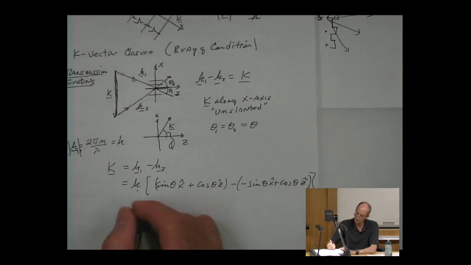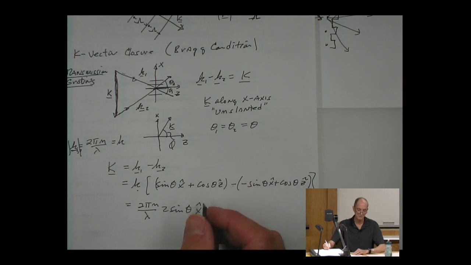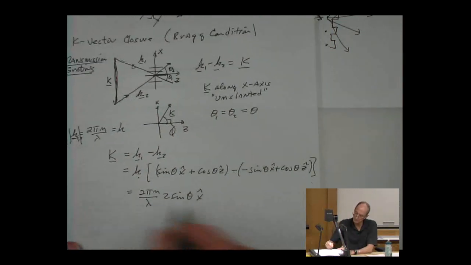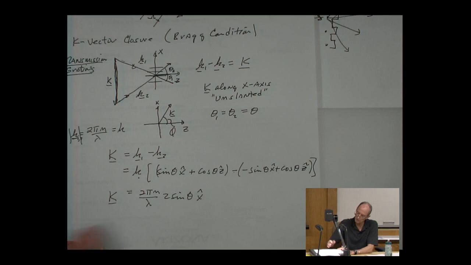And so we end up here with 2 pi n over lambda times 2 sine of theta in x. And this we can write as equal to k. And so we see now that k is all in the x direction, as we mentioned.